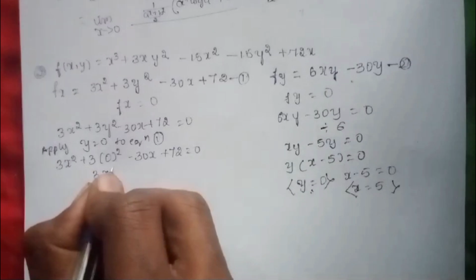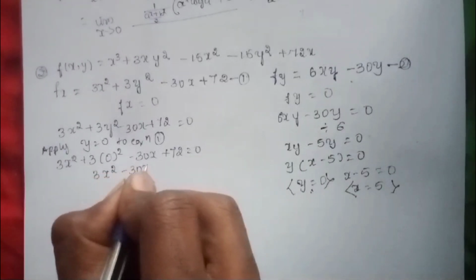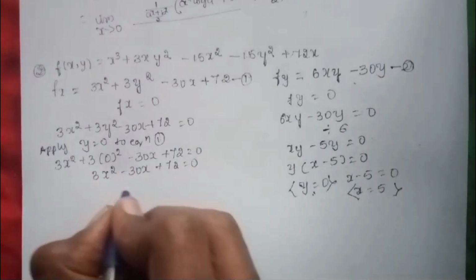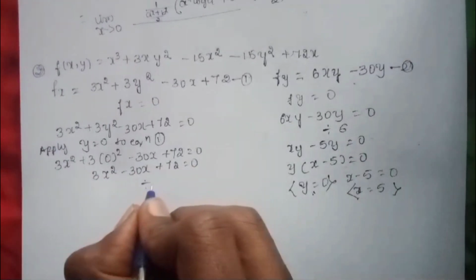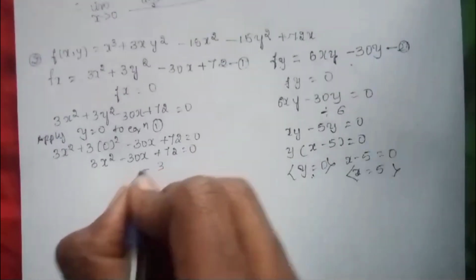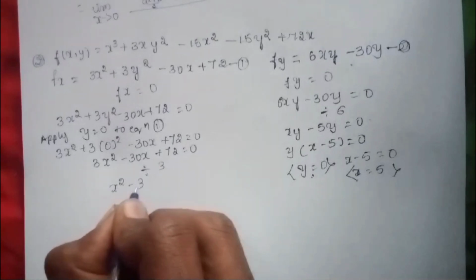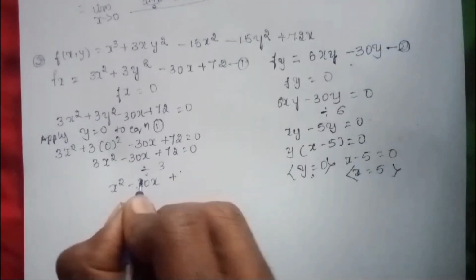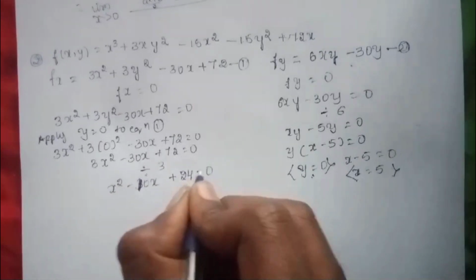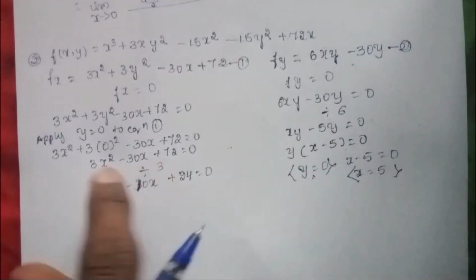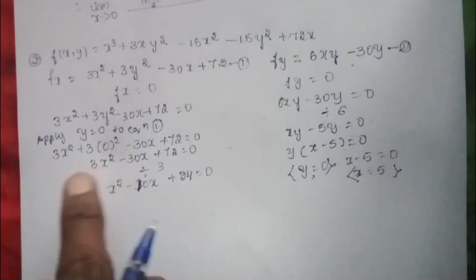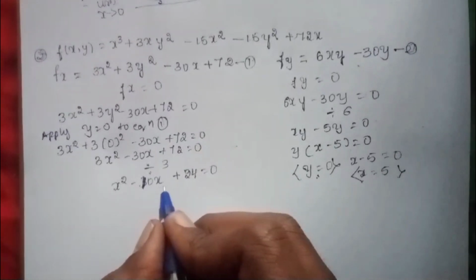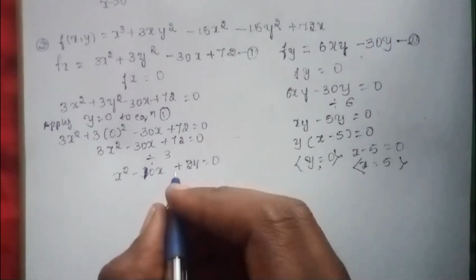We get 3x square minus 30x plus 72 equals 0. Divide the whole thing by 3, because all are divisible by 3. We get x square minus 10x plus 24 equals 0.